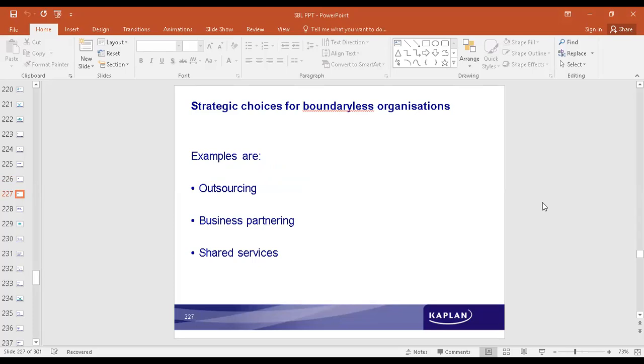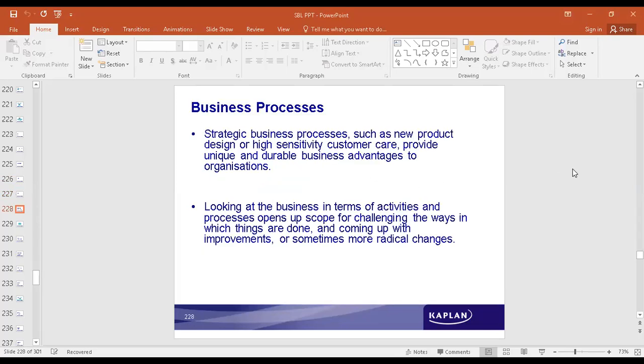Then strategic choices that are there for boundaryless organizations. Either they can think of outsourcing the work to an external entity or the supplier, or internally they can outsource it with a shared service center, or join hands with others, called business partnering. Business processes also we've learned.